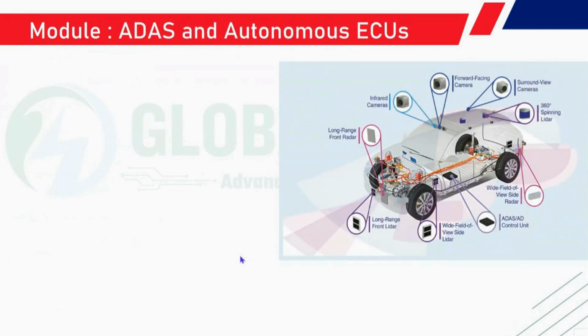Next, coming to the ADAS and autonomous ECUs. Autonomous driving requires more sensors on the vehicle, and it plays a major role in capturing the data from different sensors, fusing that data, and deciding how a circumstance can occur and how to avoid such incidents.